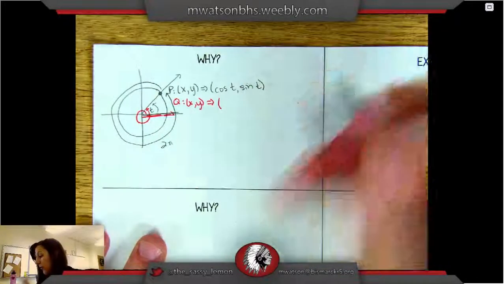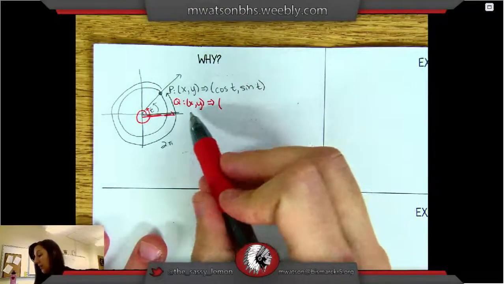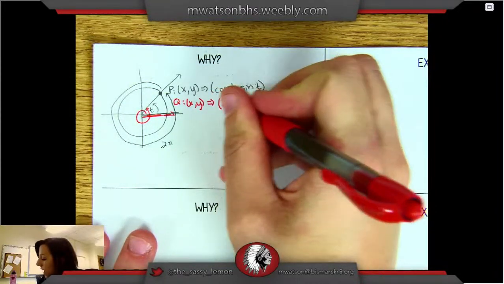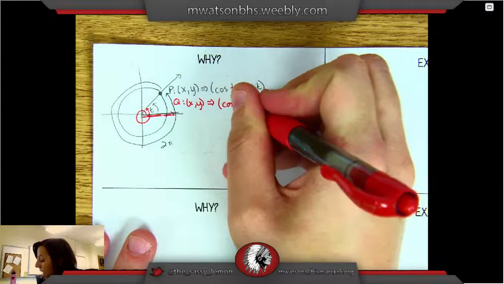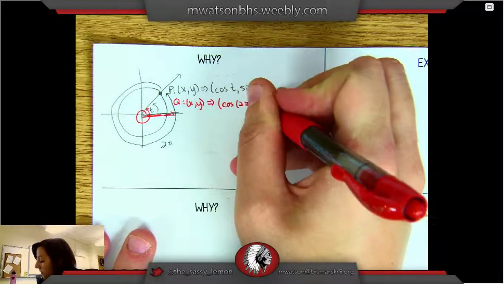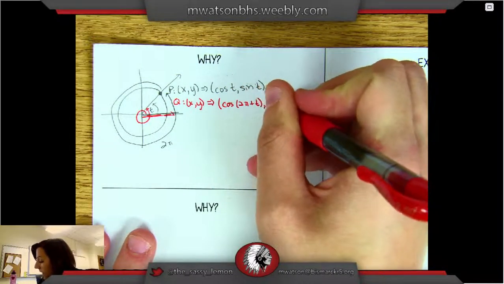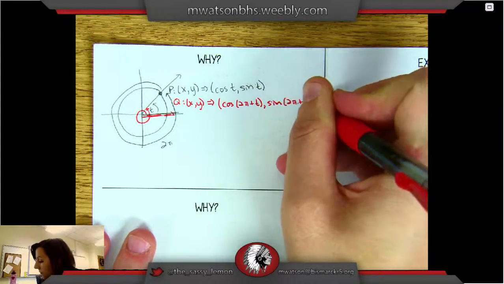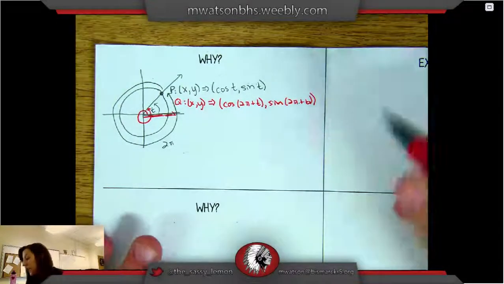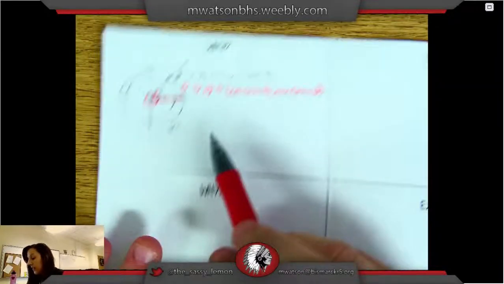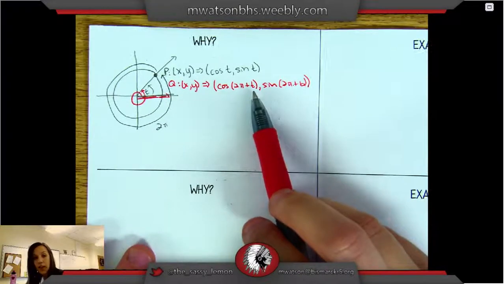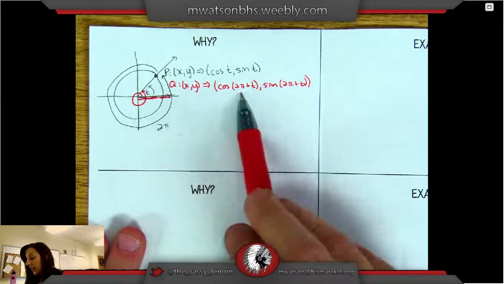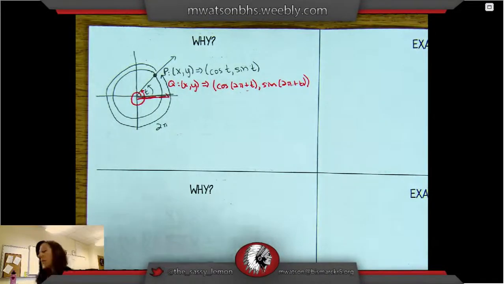So whenever we refer to the coordinate in terms of trig functions, we're going to say that it's cosine of 2 pi plus t, comma, sine of 2 pi plus t. And the reason being, this is our angle whenever we go one full rotation plus t. So we need to change our angle a little bit.